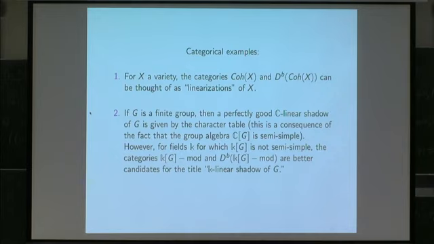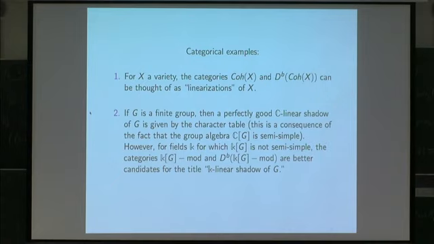But if you're interested in representations of G over fields of finite characteristic, where the group algebra is not semi-simple, it's not a product of matrix algebras, then the character table is not a very good linearization of the group. Instead, maybe the category of modules over the group algebra, which is no longer semi-simple, or the derived category of that, those are better candidates for a notion of a linearization of a group.